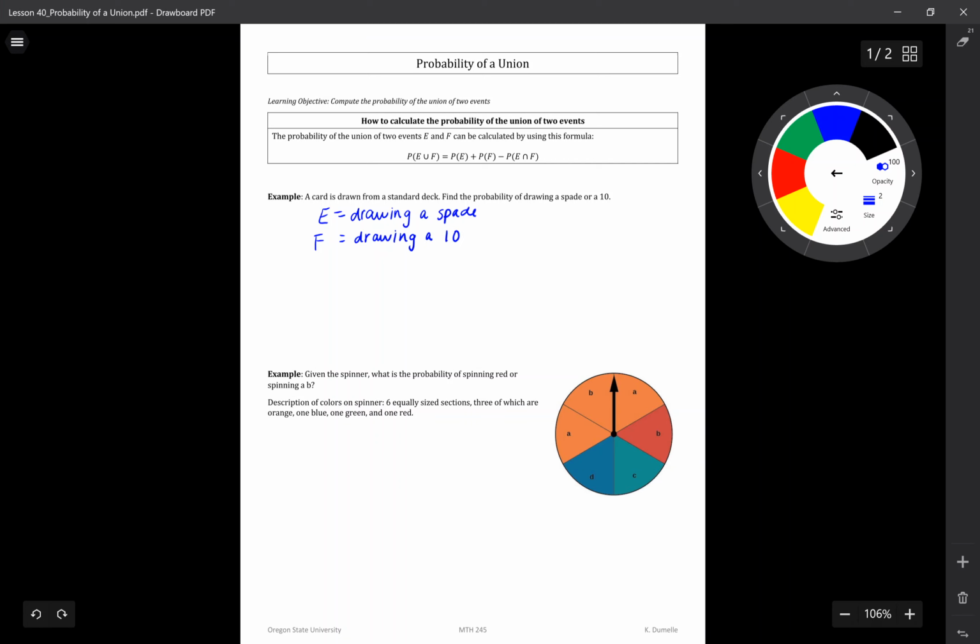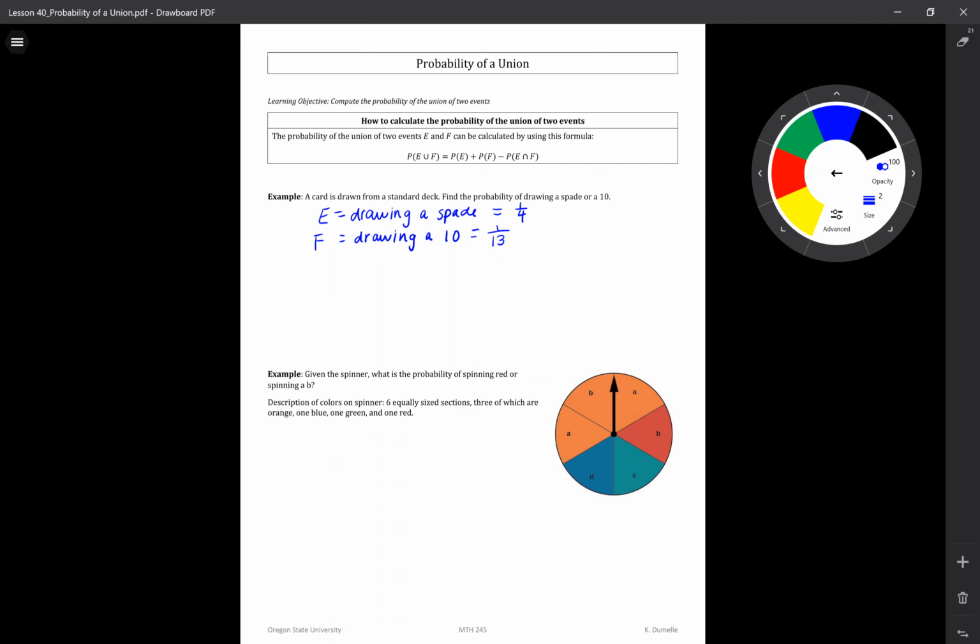So what is the probability of drawing a spade? Well, this is 1/4. Right, there are four suits, and so drawing a spade is 1/4. And drawing a 10, well, this is 1/13, since I have 13 different possibilities for card number.